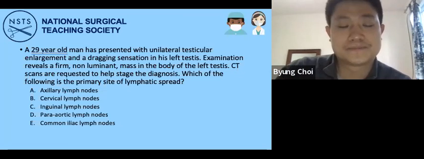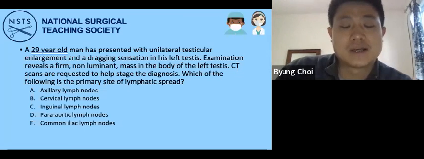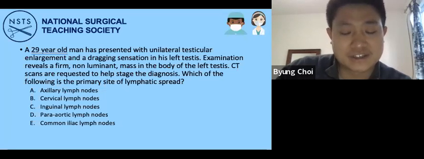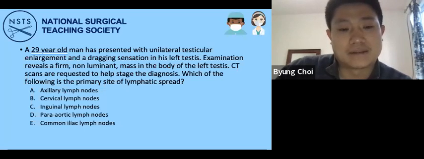The reason why it's D is because in the testes, in metastatic spread, the lymph follows essentially the blood supply. So the gonadal arteries or the testicular arteries will come directly off the aorta and supply the testes.